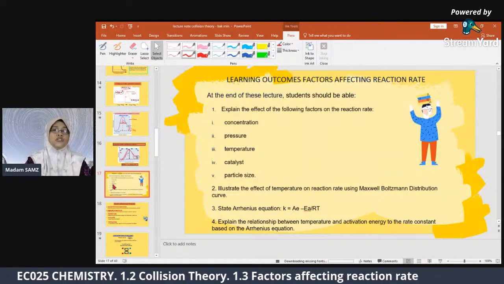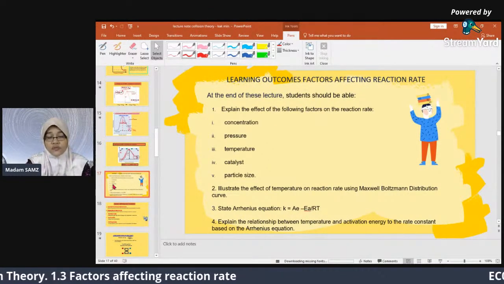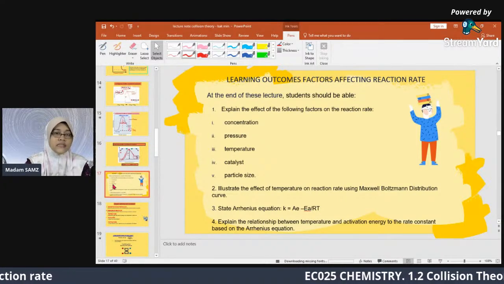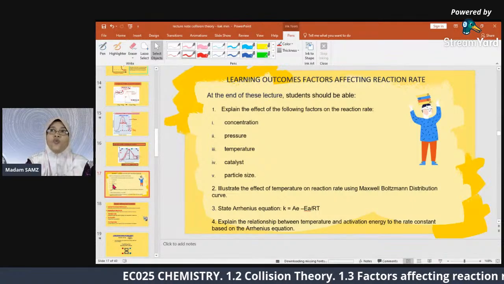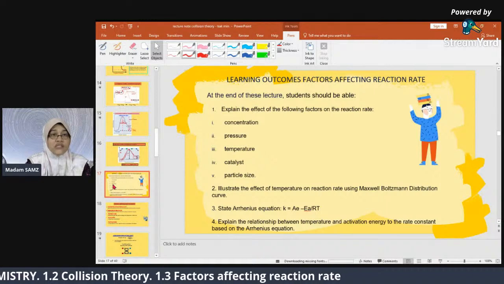All right. So let's move to subtopic 1.3, because we already learned about collision theory in 1.2. I hope you understand. Now we move to subtopic 1.3, which is about factors affecting reaction rate.